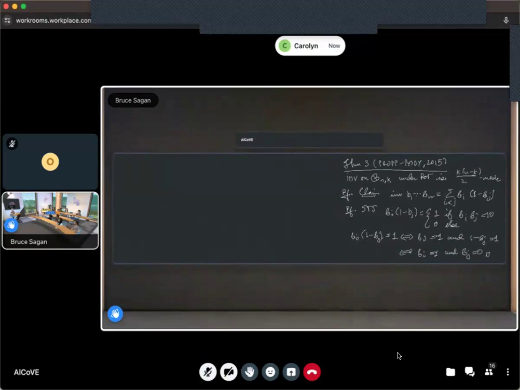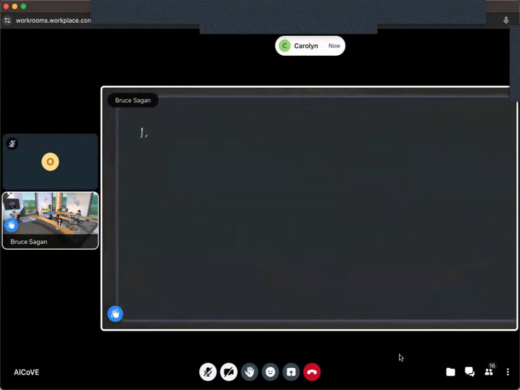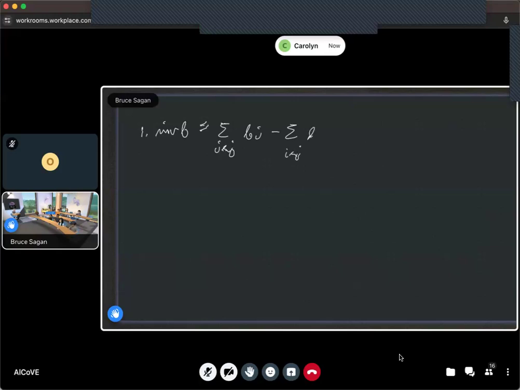Another trick we're going to use is, well, let's take a look at this sum a little more closely. Just distributing this over here, this is the sum over all i less than j of bi minus the sum over all i less than j of bi times bj, right?